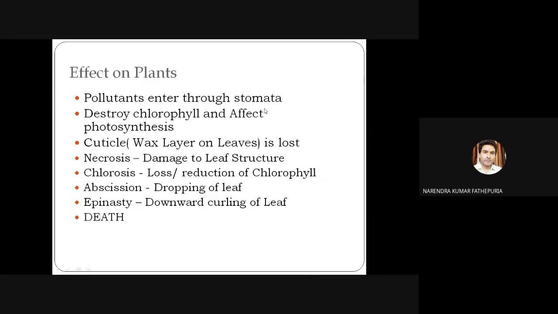Air pollutants enter through the stomata and leaf. They destroy the chlorophyll and affect the photosynthesis process. Photosynthesis is the only process through which we get fresh oxygen into the atmosphere, through producers like plants.